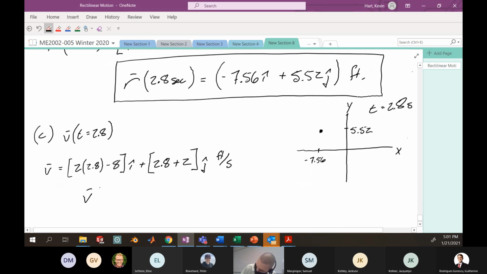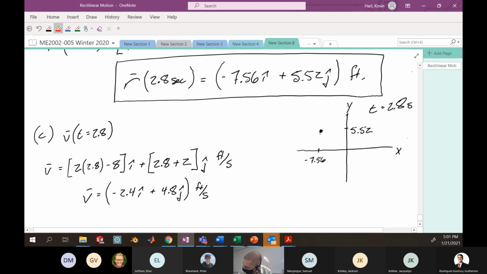Okay, so my velocity at this particular time here is negative 2.4 i plus 4.8 j. So slightly to the left and a good amount upwards.